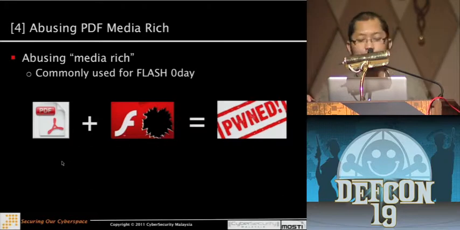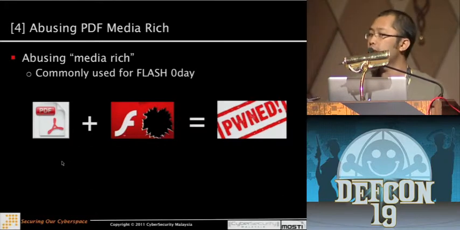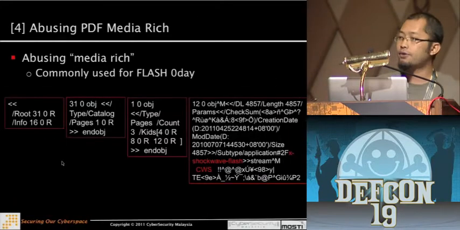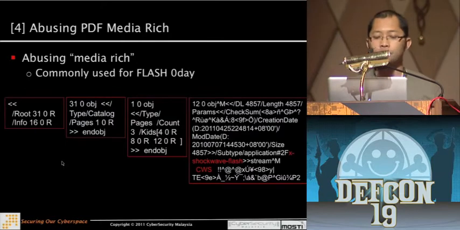So you have a normal, good-looking PDF. It's not malformed, but you have bugs in Adobe and the Flash. How does it look within your PDF structures? For example, you start with /Root again.